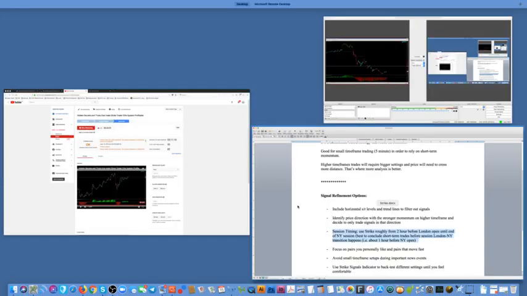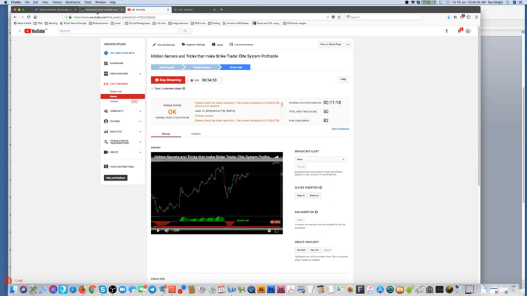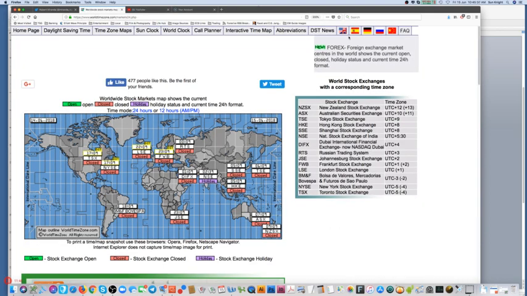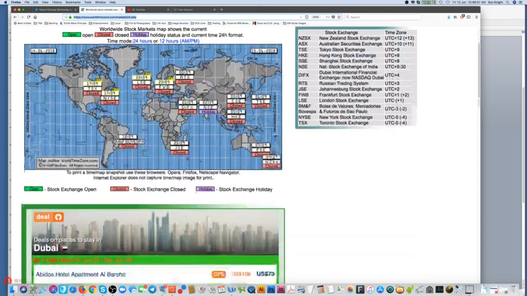I can give you also a tip here for a link. So this link here, www.worldtimezone.com/markets24.php. It's a very handy little site because it basically shows you the time of each of the markets. LSE is the London Stock Exchange, NYSE the New York Stock Exchange, TSE the Tokyo Stock Exchange.